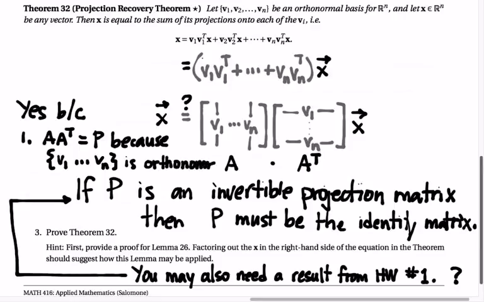So because that's an orthonormal set, A A transpose is exactly the projection matrix onto the column space of A. So that's fact number one. And then fact number two, using this homework result, we need to know that therefore A A transpose is equal to the identity. Or I should say P is equal to the identity. That's probably a better way to say it. P is equal to the identity.